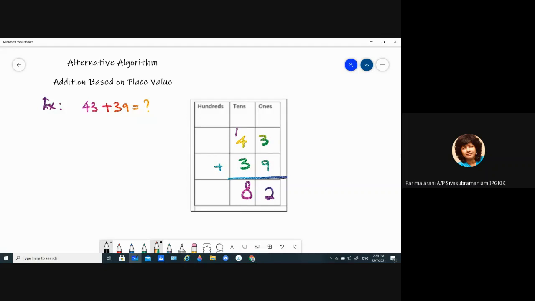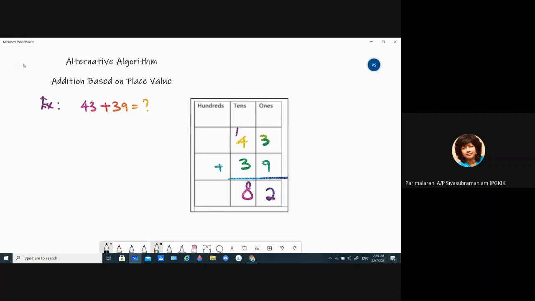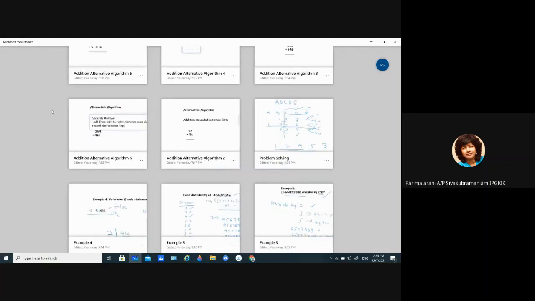So this is addition based on place value. Although in the standard written method they're also doing addition based on place value, here they use the place value chart, so they won't go wrong. They won't write more than one digit in each place value. Okay, so this is the first alternative written method for addition.